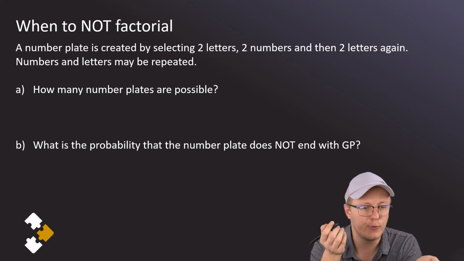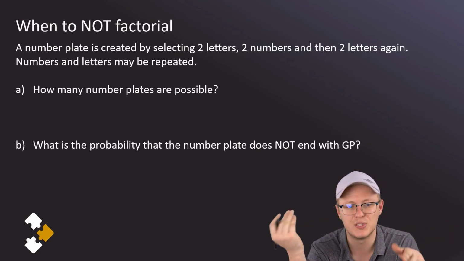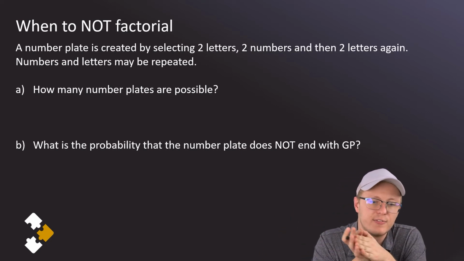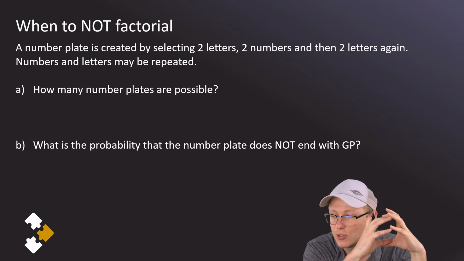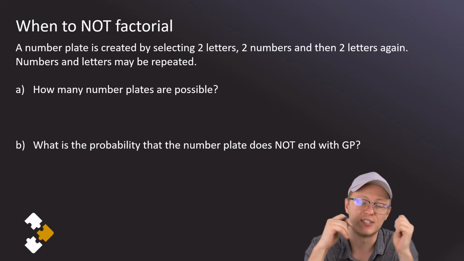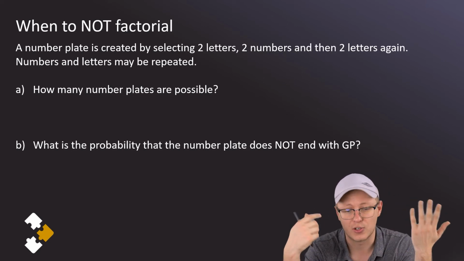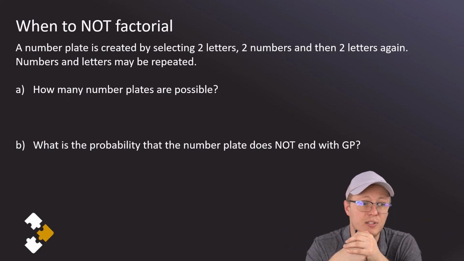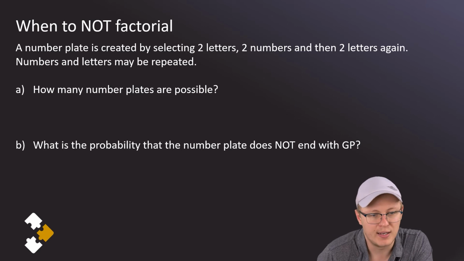But here, if we select a number plate to be created by using letters, numbers, and letters, using the number 2, for example, in the first spot, isn't going to prevent you from using the number 2 in the second spot. You're allowed to use it again. Whereas, as I said, some things like the goalie running on in spot 1 or 2, well, that's just not possible.